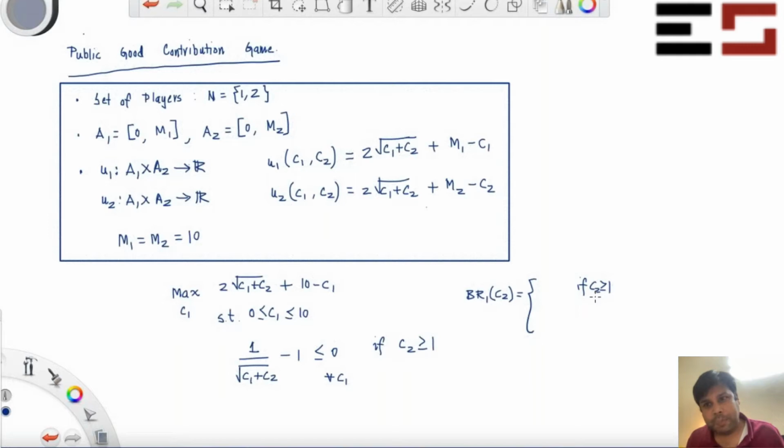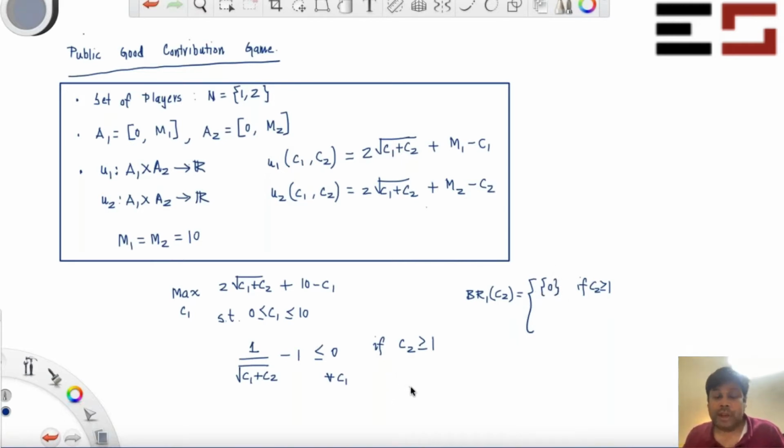Very good. It's a unique best response, which is to contribute nothing. The reason is that the derivative is negative, so the marginal benefit of contribution is negative no matter what amount you contribute. You wouldn't want to contribute at all; you don't want to reduce your total benefit by contributing more. So this is just going to be 0.